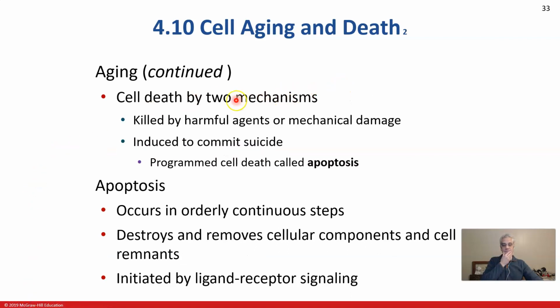There's more aging. I've told you, in cell death, there are 2 mechanisms. One is, as it says, being induced to commit suicide. I've already told you that's called apoptosis. That means the cell recognizes it's doing something wrong, it's out of control, and so there's a process by which it can destroy itself.